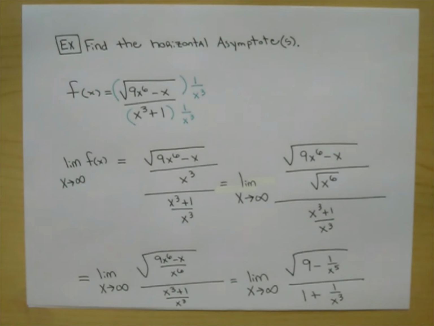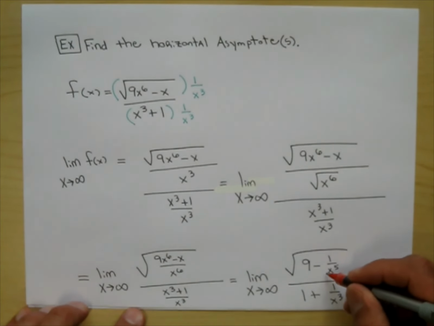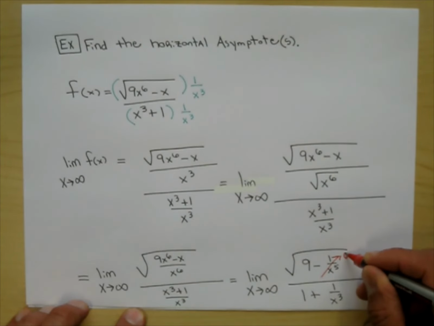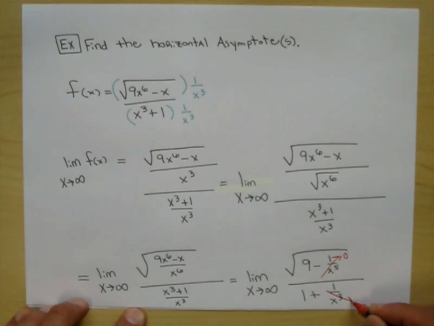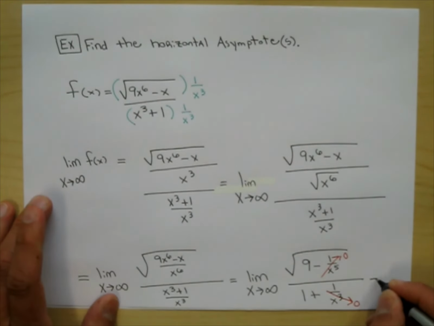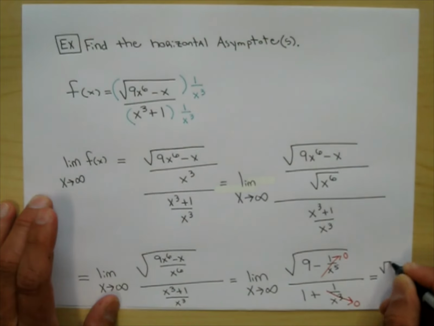You're putting infinity in for x, so 1 over infinity to the 5th is 0, and 1 over infinity is 0. And so what you're going to get is the square root of 9 over 1, which is 3.